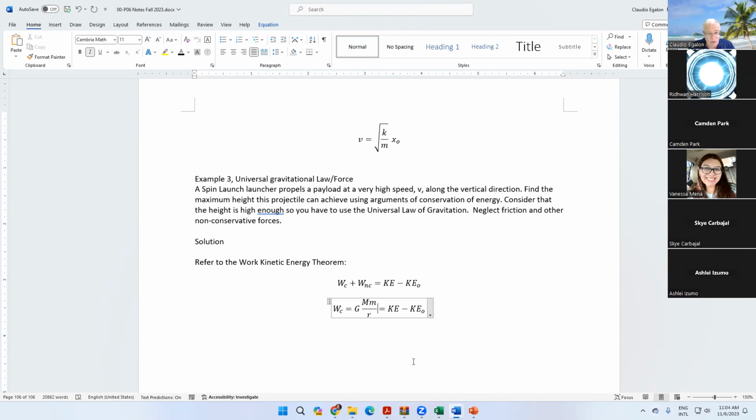By the way, this distance R is from the center of the Earth. And we must have a negative here. And the situation goes like that.